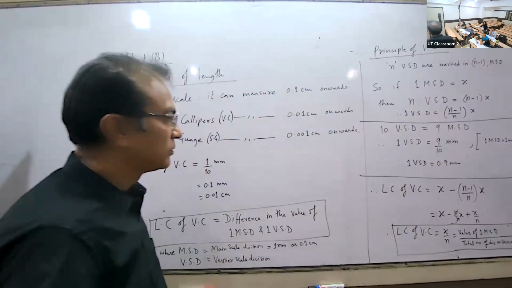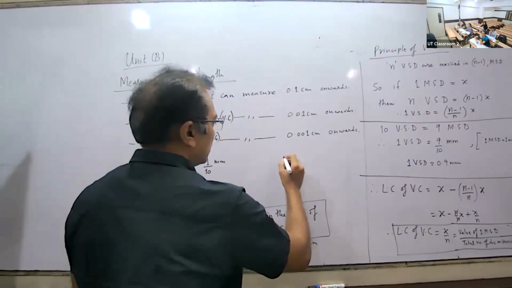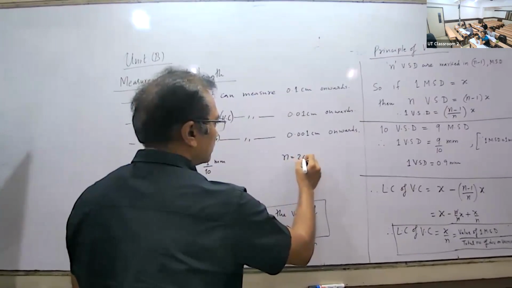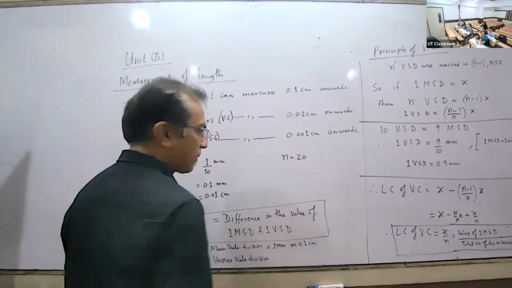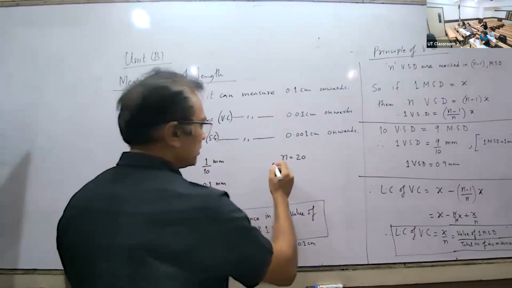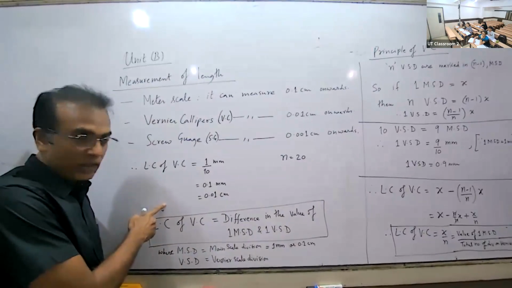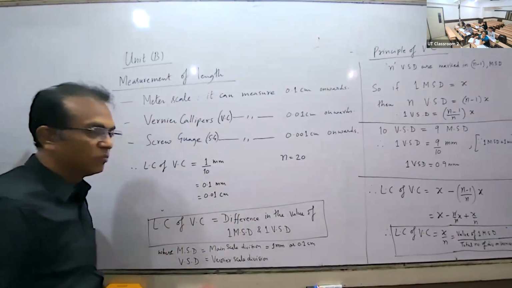Right? So if I give you a task, let us say n is equal to 20, then what is the least count? Find out. There are 20 divisions on the vernier scale. This is the formula for n equal to 10. So for n equal to 20, what should it be?